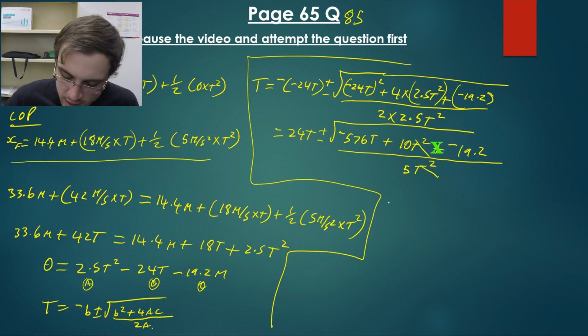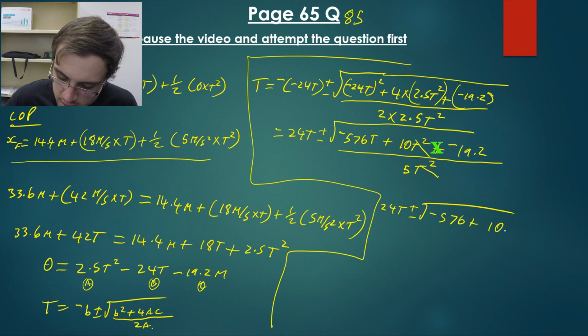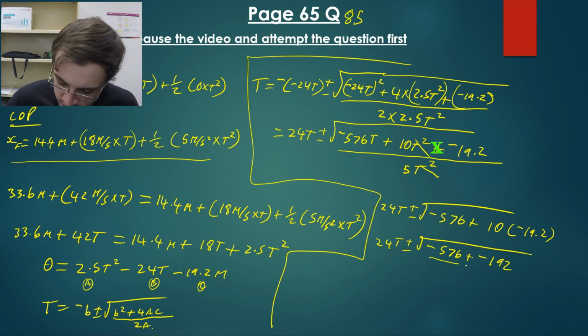So that's going to give us 24 plus minus the square root of negative 576 plus negative 192, divided by 5.